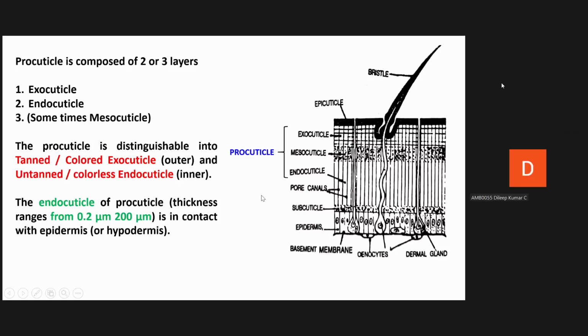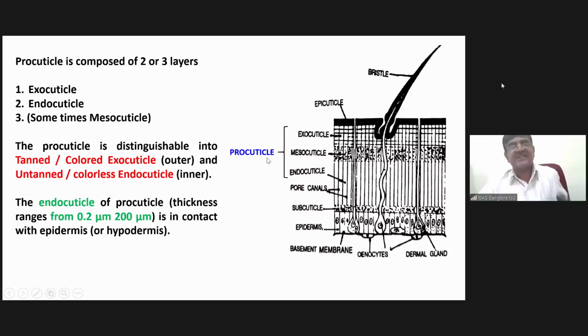Yes, sir. Okay. The procuticle comprises three layers. The outermost layer is called the exocuticle. The middlemost layer is called the mesocuticle, and the lowermost layer is called the endocuticle.